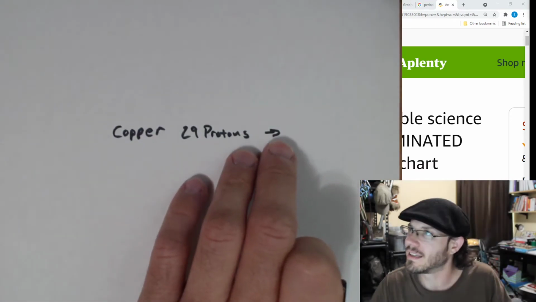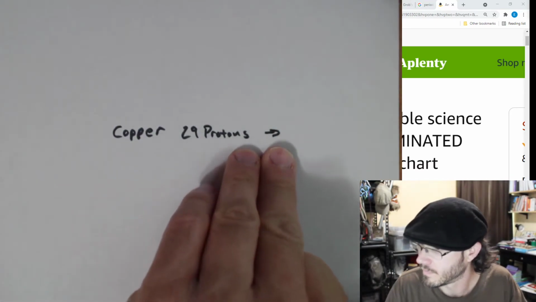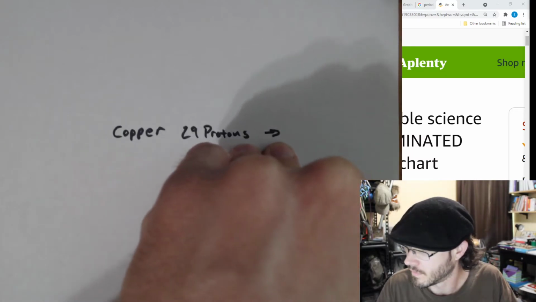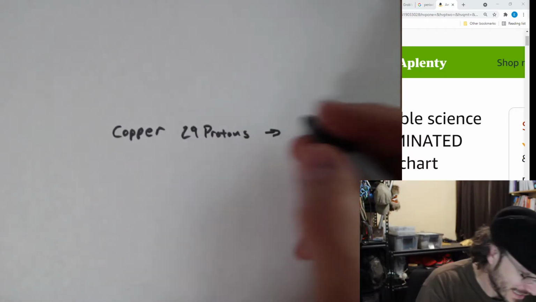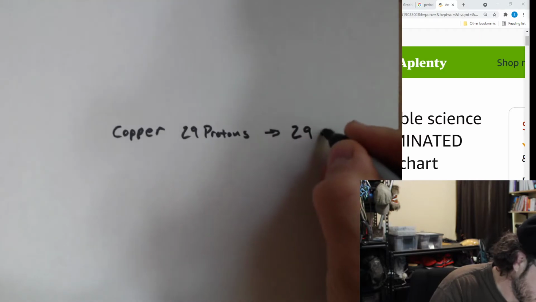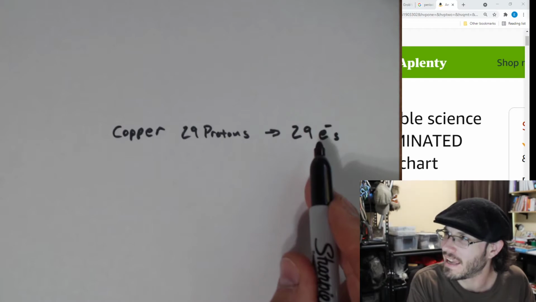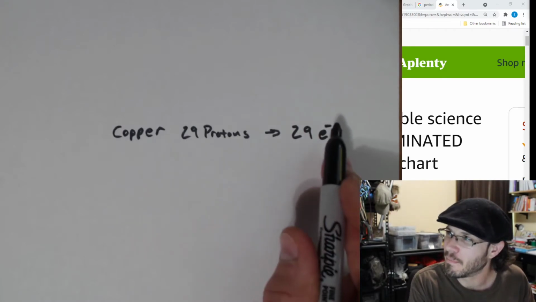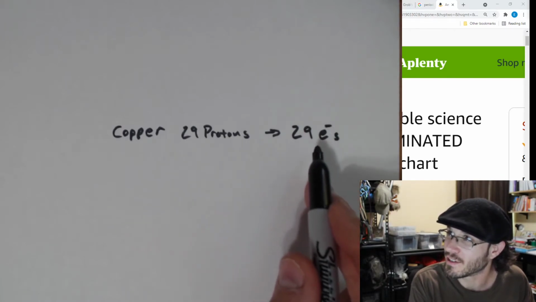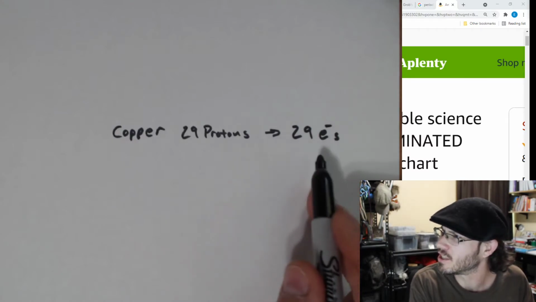Therefore, how many electrons does it have? Chat. 29. It's got 29 E's, right? E to the minus, because it's negative electron charge, negative charged electron.